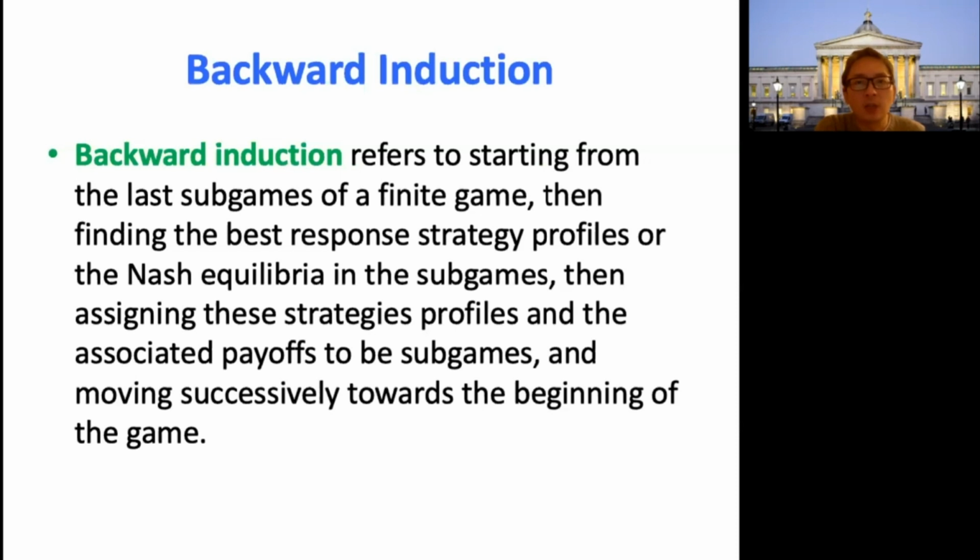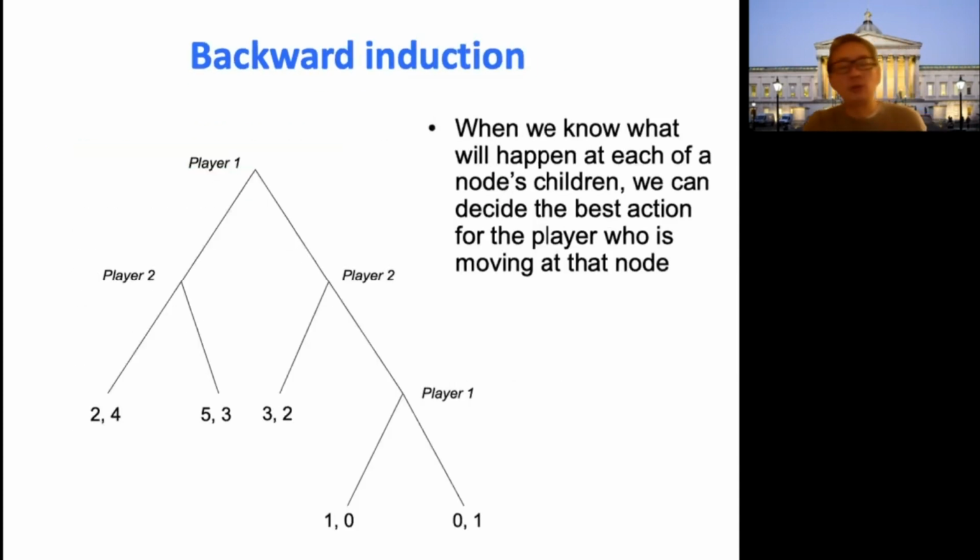How can you find this? You can find all this equilibrium using the so-called backward induction, because backward induction can help you remove the branches which are not credible.